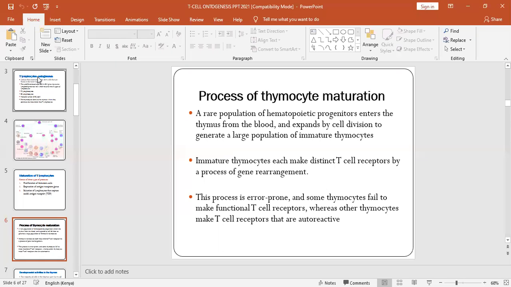This has to be checked while the cells are still in the thymus region. For that reason, there is a very elaborate process ensuring that before these cells leave, they only differentiate between self and non-self and do not cause unnecessary immune responses, especially against self-antigens.